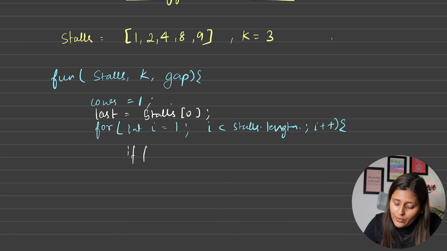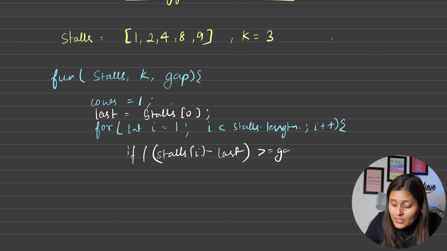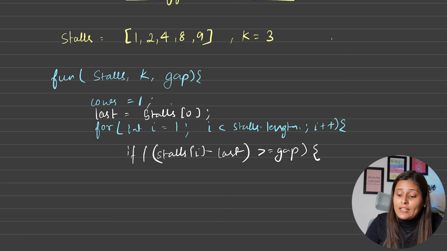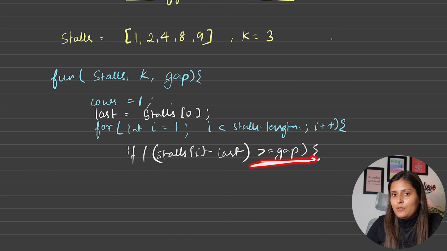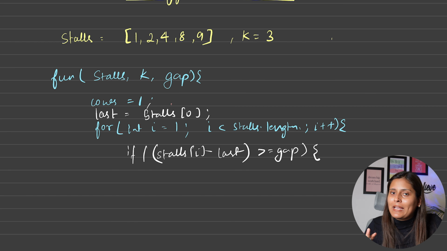We will say that if stalls of i minus last is greater than or equal to gap, then yes, the current ith position is a valid position, because it is maintaining the gap. So this position is okay to fit my second cow.